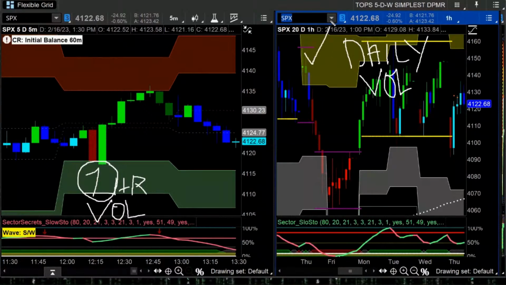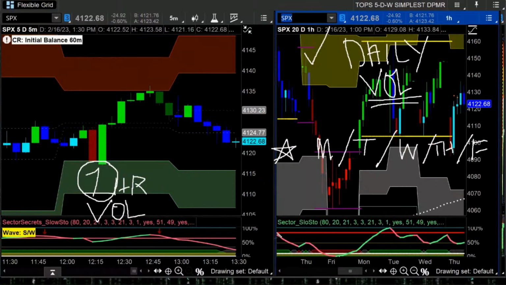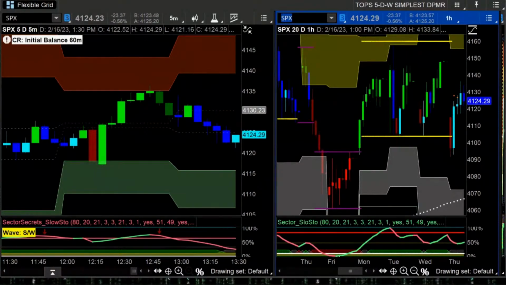This is broken up by day of the week. We're not only getting specific to a single session, we're separating out Monday from Tuesday, from Wednesday, from Thursday, from Friday, because the nature of each one of these days of the week is different. So not only is this daily, it's specific to the day of the week. That's the difference. The logic is very similar, but the data and where they plot, they might as well be two different indicators.